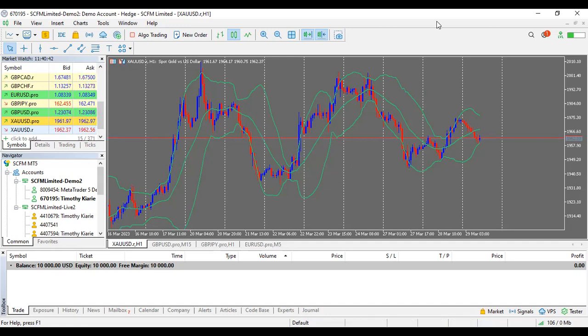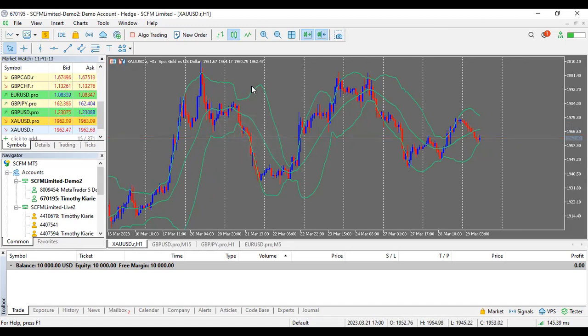So I'll illustrate the other scenario, which is when the candles break out on the lower band. You can see here what happened.